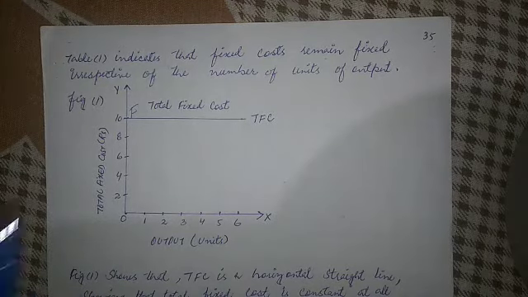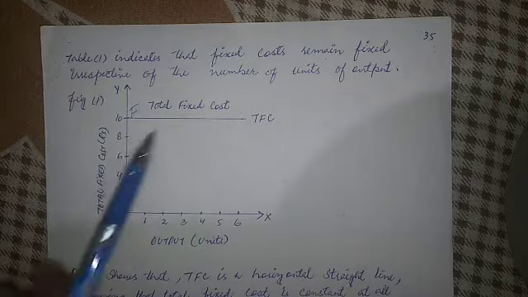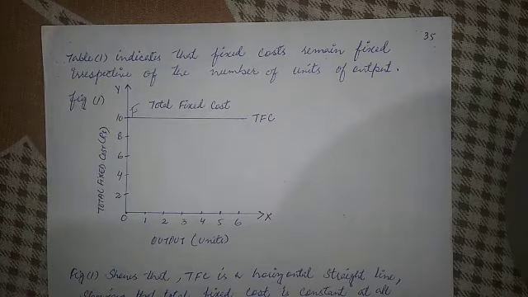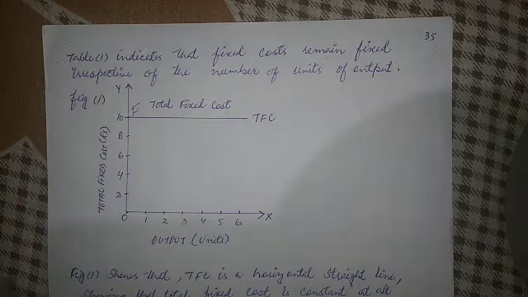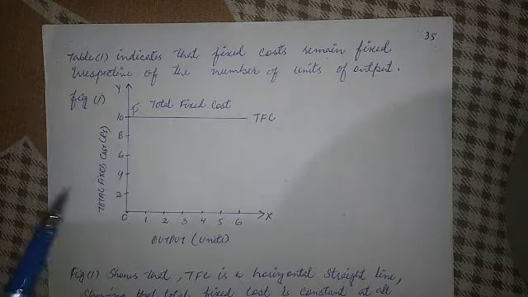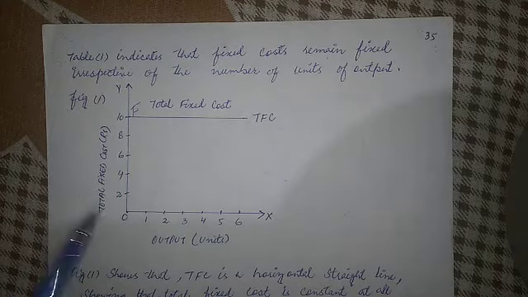So this figure shows that total fixed cost curve is a horizontal straight line showing that total fixed cost is constant at all levels of output. It is equal to rupees 10 even when the output is 0.